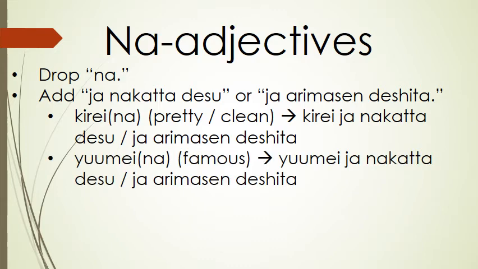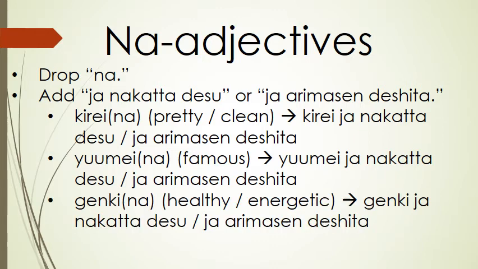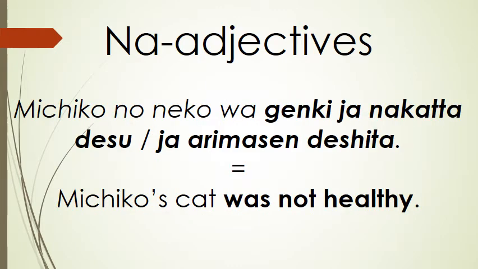Yumei na, famous, becomes yumei ja nakatta desu or ja arimasen deshita. And genki na, healthy or energetic, becomes genki ja nakatta desu or ja arimasen deshita. So, if I said, Michiko no neko wa genki ja nakatta desu or ja arimasen deshita, that would mean Michiko's cat was not healthy.